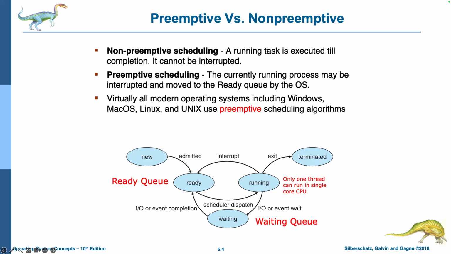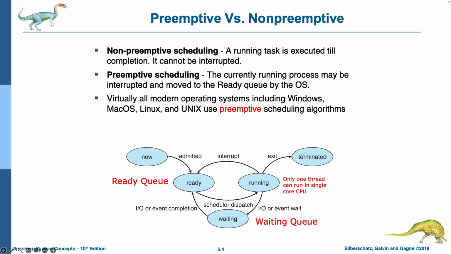So my 8-core laptop can run 8 processes at the same time. But think about a single core. Single core means only one thread can run at a time. So preemptive means the process is running and it can be interrupted and moved to the ready queue. It's not yet finished, but some high priority process or thread comes, and it's moved to the ready queue.